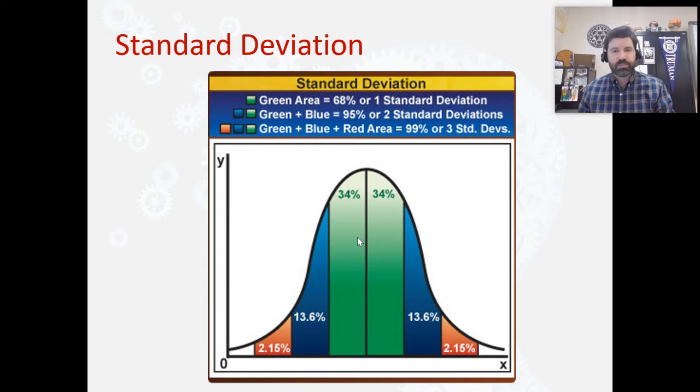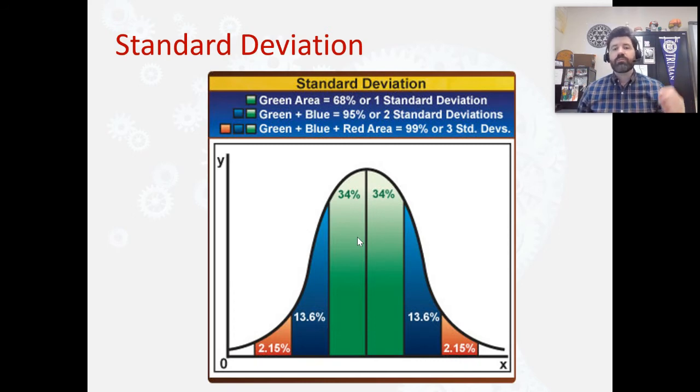And I'm going to give you an example in our next slide to hopefully help this make some sense. Okay, but 68% will fall within one standard deviation of the mean, and that will always be the case. If we are looking at a normally distributed curve, it is always 68% falls within one standard deviation of the mean. If we go within two standard deviations of the mean, it's 95%.